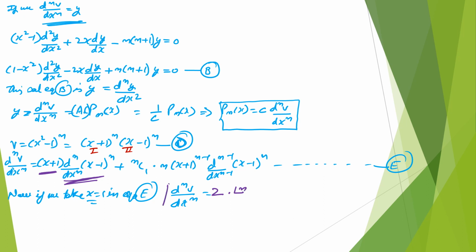So this is the nth derivative value when x is equal to 1 for v.